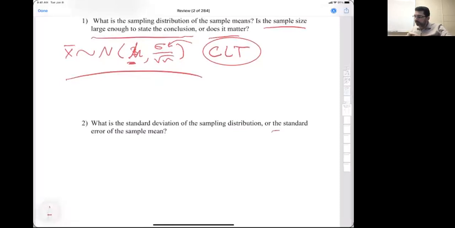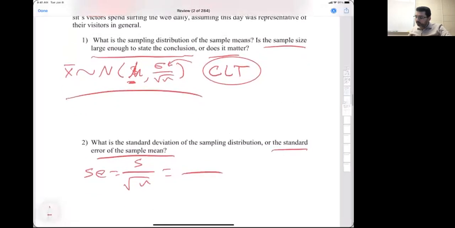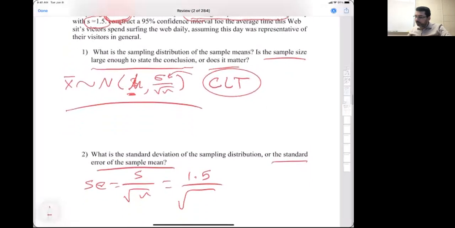Sometimes we call it the standard error. The standard deviation of the sampling distribution of the sample mean is the standard error of the sample mean, the same thing. So the standard error is, as I said to you, S divided by square root of n. S is 1.5, the sample size is 223.